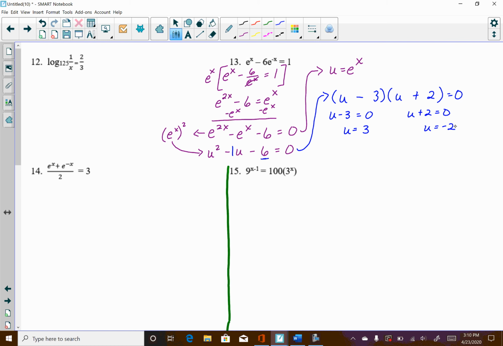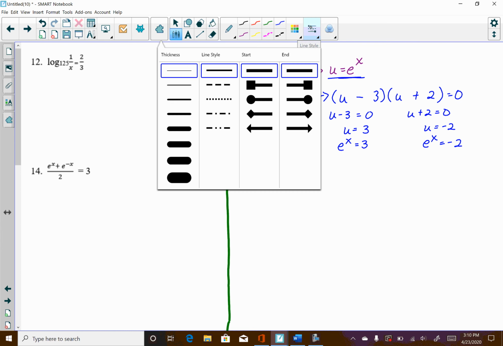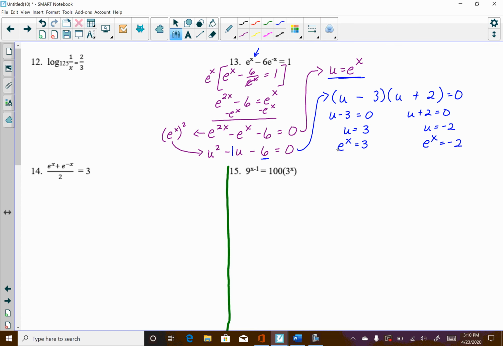You can't stop there. You were trying in the beginning to solve for x. So replace u. You know that u is e to the x, so replace your u's with e to the x equals 3, e to the x equals negative 2. Now solve for those x's. This is very straightforward, because how do you get rid of e? Just take the natural log of both sides.